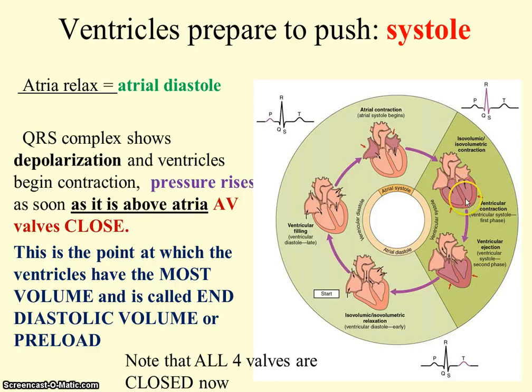All right? So contraction keeps on going, and we're going to get to a point where the pressure is so high in the ventricles because of this contraction. See, the walls are closing in, they're shortening, that they will open the semilunar valves, in both the pulmonary and the aortic, because now, at this point of the contraction, systole, the pressure in the ventricles will be greater than that in the two arteries, the aorta and the pulmonary.